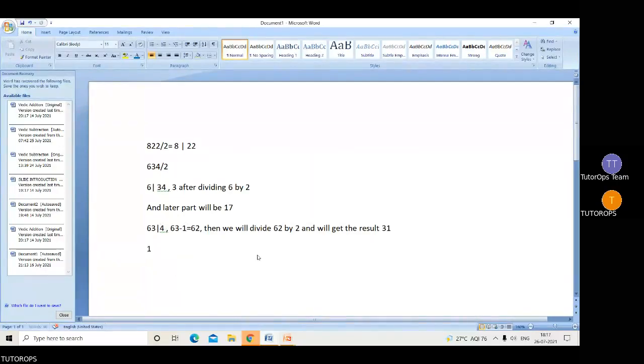So the latter part will be 14 by 2, that is 7. So the total answer will be 317. So for division by 2, if we can't divide a particular part by 2, then what can be done? For the first part, I am subtracting 1 from it, and then adding the subtracted one to the second part to get the final result.